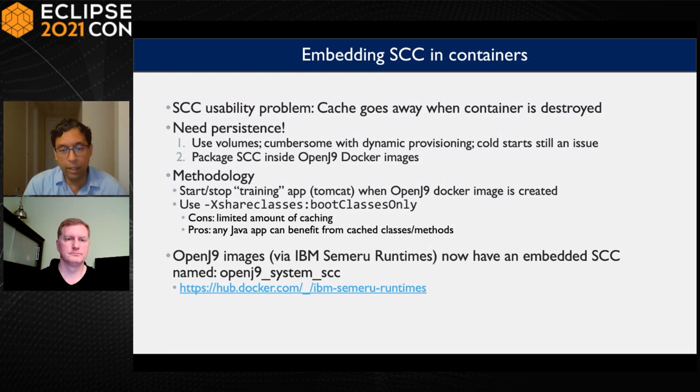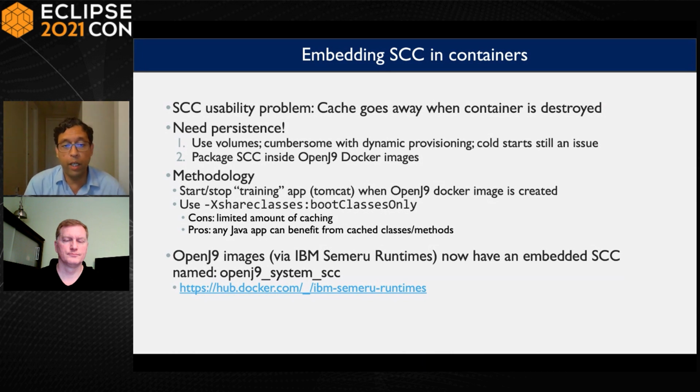And you're never going to get the chance to share with other JVM instances in a container simply because of the way containers work. So what are the alternatives? You can use volumes, but they're cumbersome, especially in a cluster of nodes, and you don't know where your pod is going to be scheduled. How can you make sure that the right shared class cache is available on the right node in the cluster? So it gets very complicated very fast.